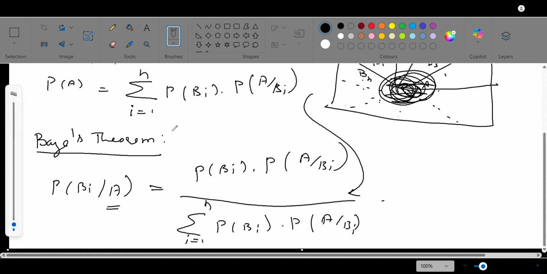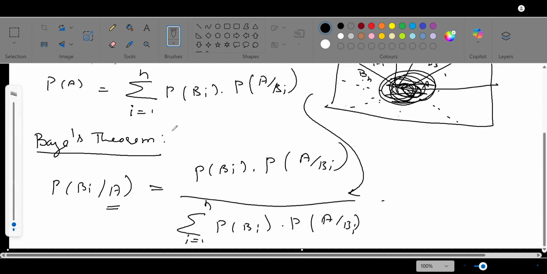To substitute all these values: probability of A is 0.25 into P of D by A, 0.05, divided by 0.25 into 0.05 plus 0.35 into 0.04 plus 0.40 into 0.02.